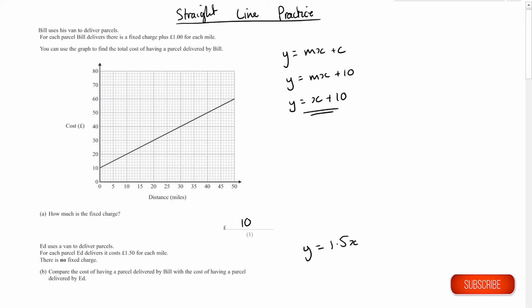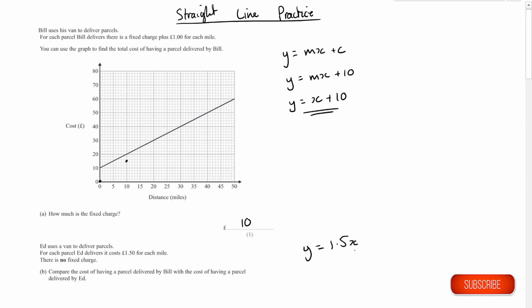Okay, so what we could do, and there's no fixed charge, so we have a plus 0 here, but we don't need to write a plus 0. So what we can do is say, well, if we're traveling 10 miles and each of these miles costs £1.50, then 10 times £1.50 is going to give £15. So we can plot our first point about here on this graph. Our first original point would have to be the origin, since that's where it passes through 0.